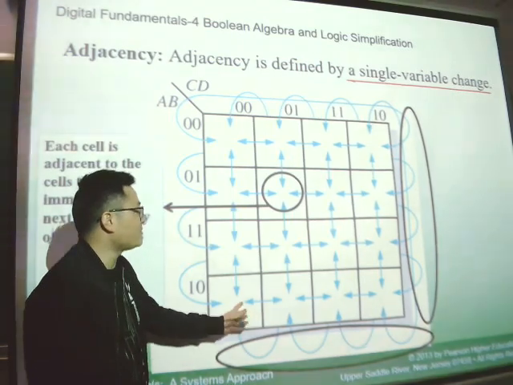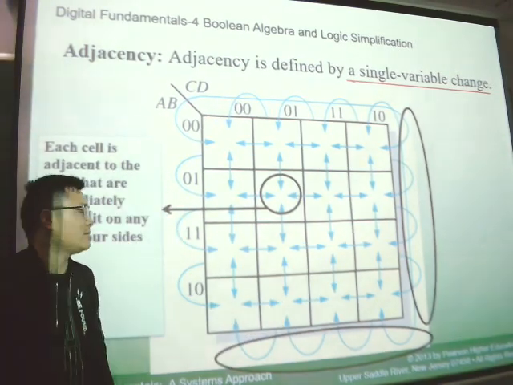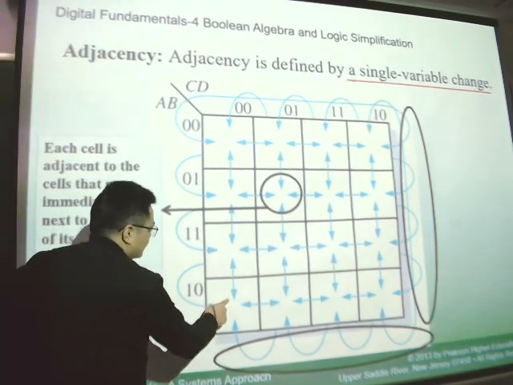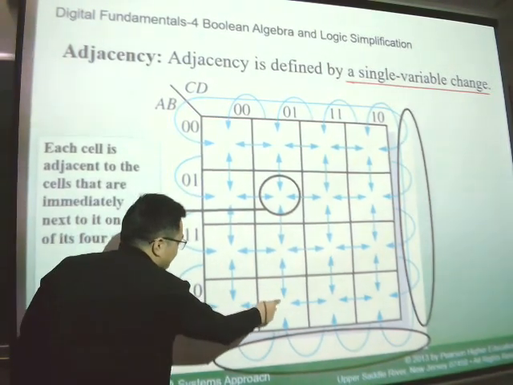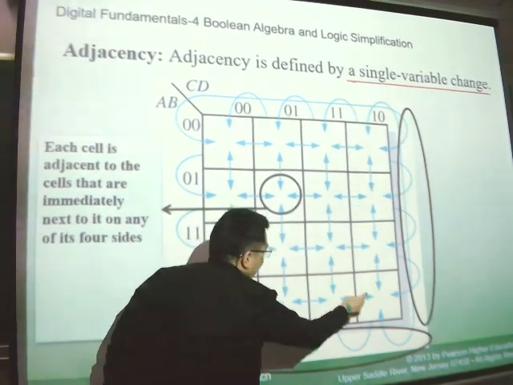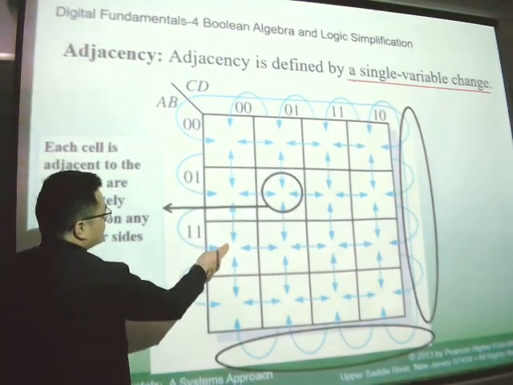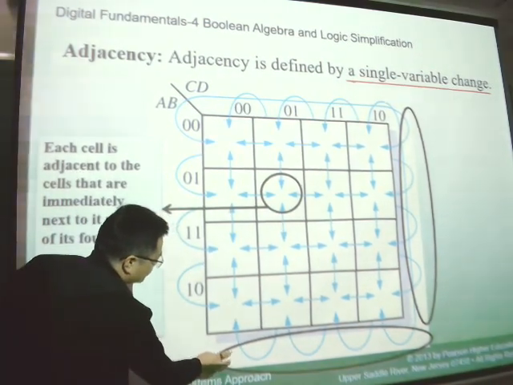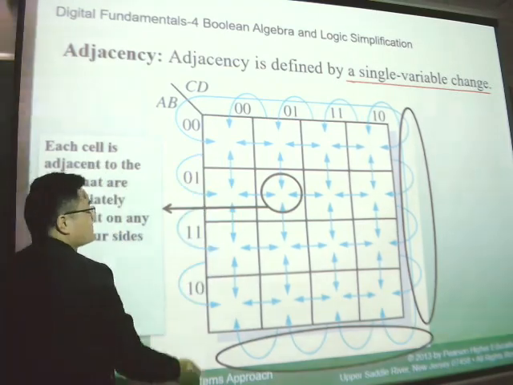So the four cells are adjacent to this cell. For this cell, the east side is this cell, the west side is this cell, the north side is this cell, and the south side is this cell.